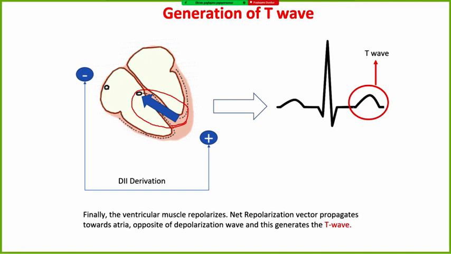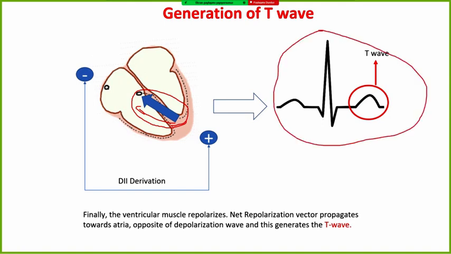Therefore, we see a positive T wave, because the wave occurring in repolarization is opposite to depolarization. If we see a repolarization wave moving away from the positive electrode, we see a positive wave, and this generates the T wave.